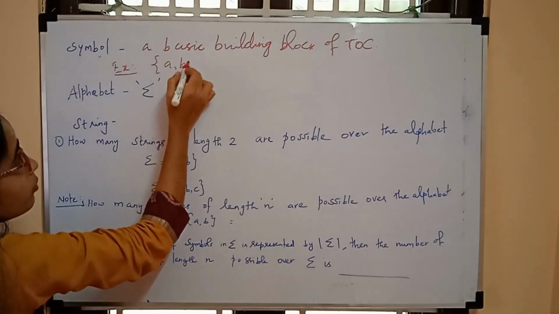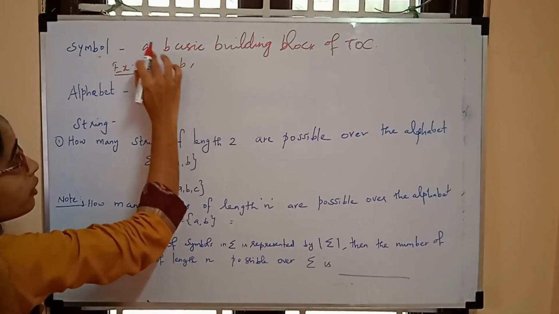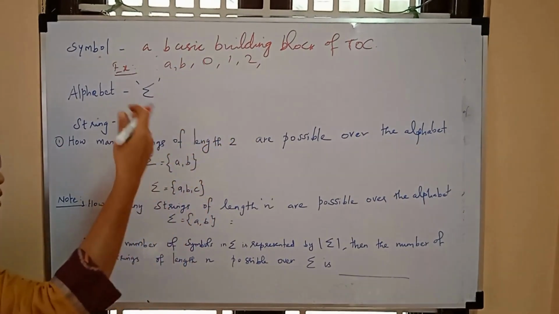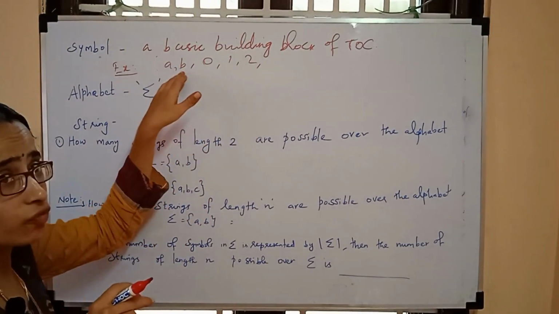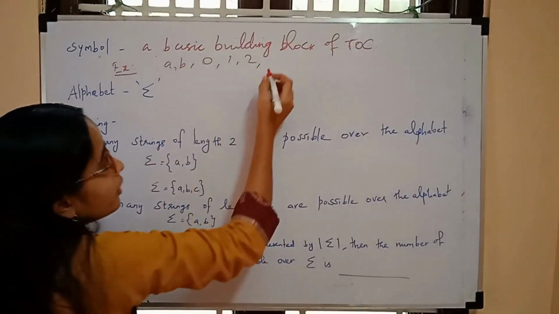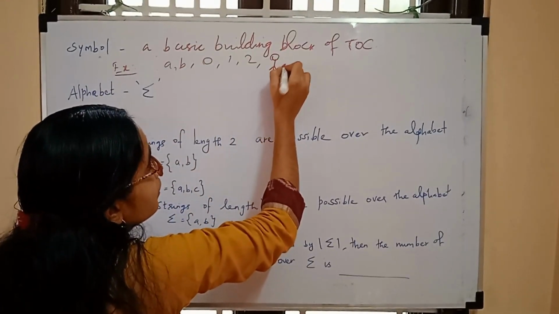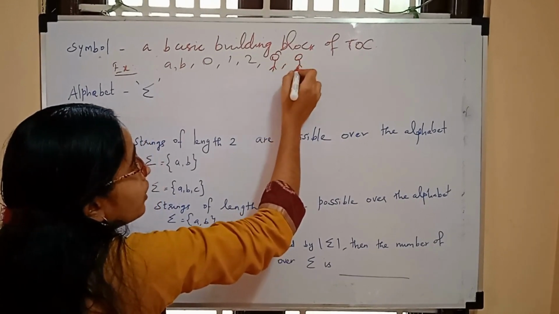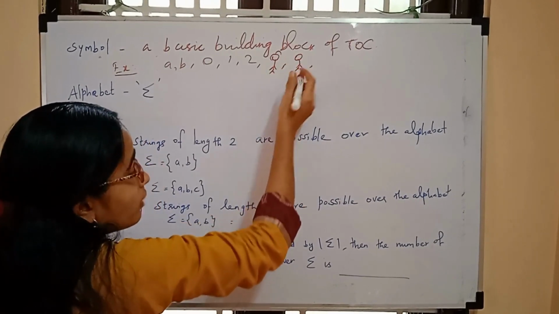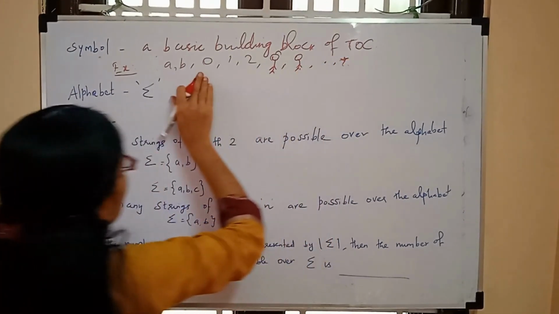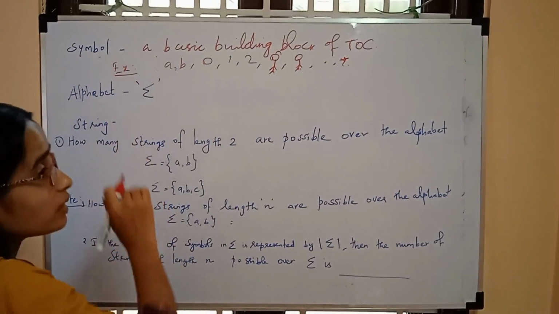It may be English alphabets, or it may be numbers, digits, 0 or 1, 2, or even it can be a man or woman. It can be anything, or it can be dot, or star, anything. Everything is termed as a symbol here in TOC.